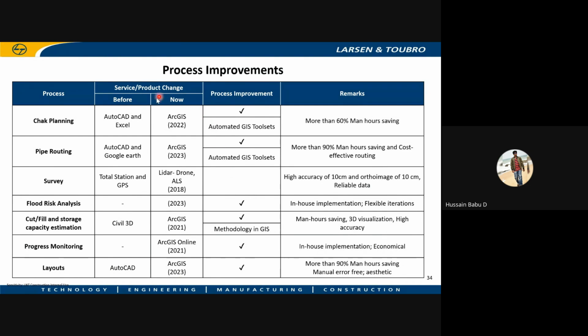So we are using a single unified platform for all our design processes, so the time for data interoperability and conversion of data between different software is greatly reduced, and the loss of data when the conversion is happening is also reduced.